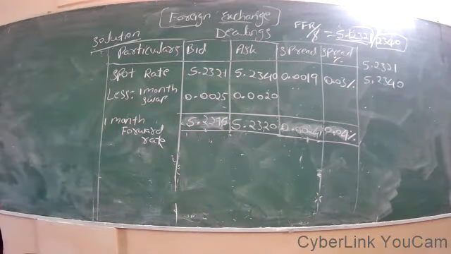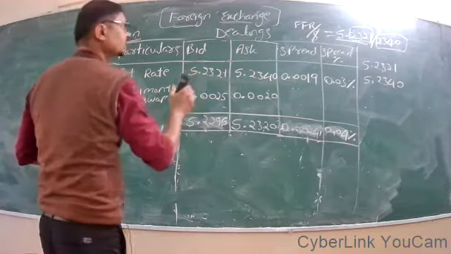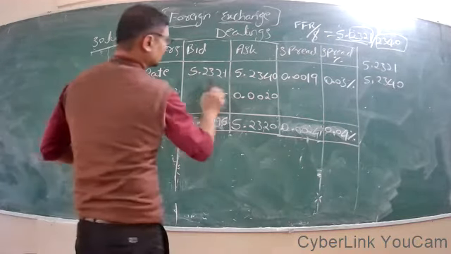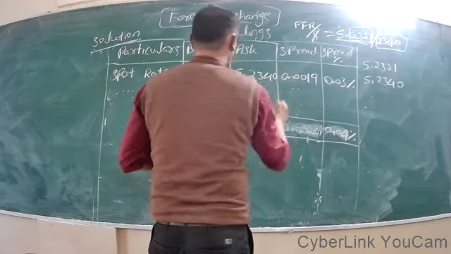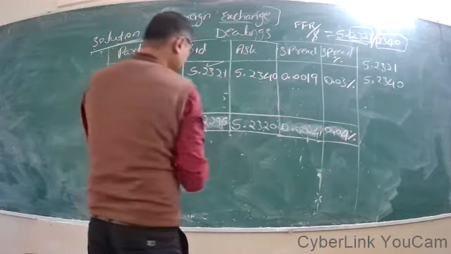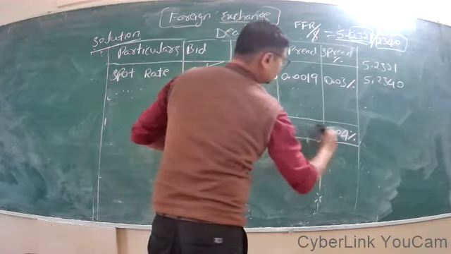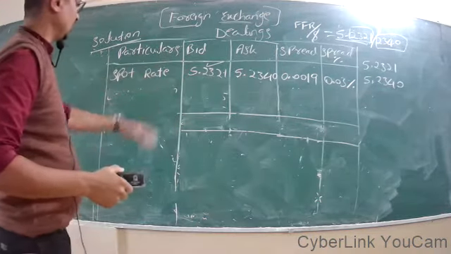Likewise, again you have to calculate the 3 months forward rate. And everything should be adjusted with the spot price only, not with the 1 month forward rate or 3 months forward rate. So you have to adjust all the swap points with the spot rate itself.